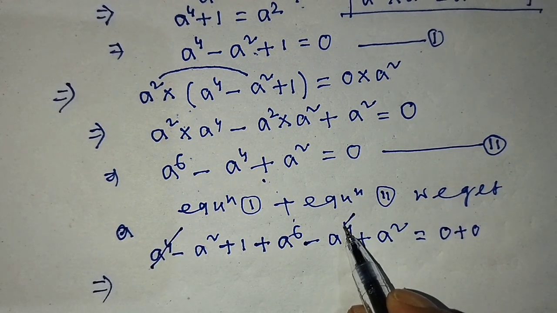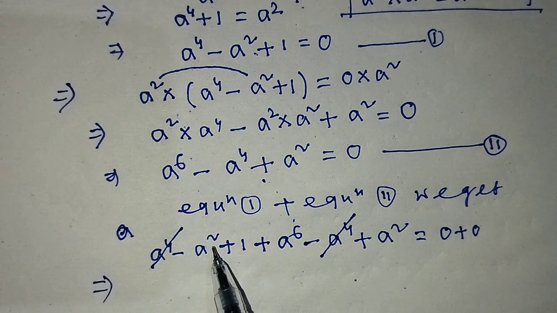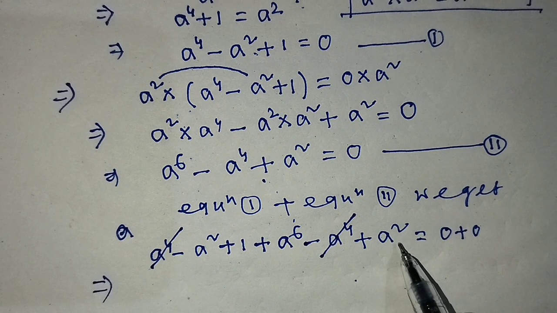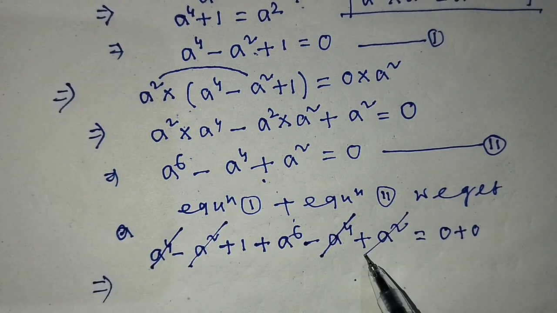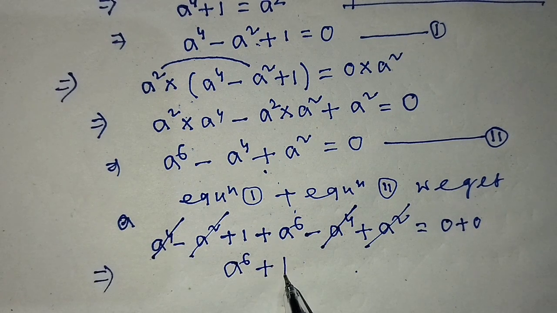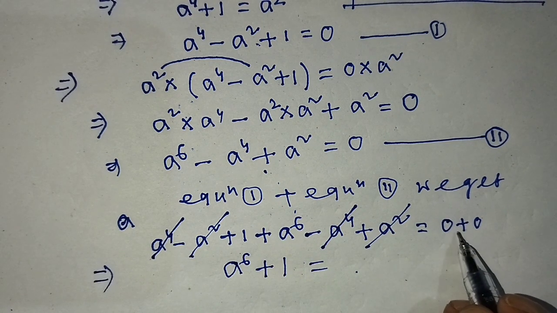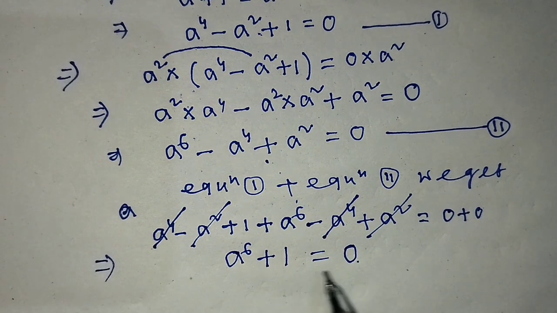So student, here is also minus a square and here is plus a square, so we have to cancel minus a square plus a square. So on the left hand side we have to write a to the power 6 plus 1 is equal to 0 plus 0. So you have to write 0 on the right side of this equation.